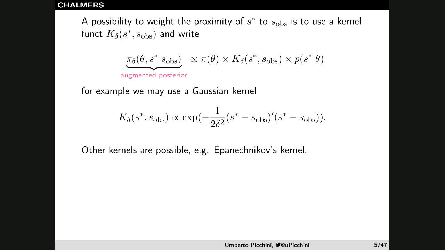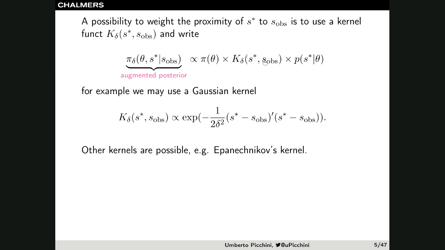Right, so we have the possibility to weight the proximity of the simulated summaries and the observed summaries using a very generic kernel function, which is often a uniform kernel, but more in general, we have this non-negative kernel density measuring the proximity between simulated summaries and observed ones.